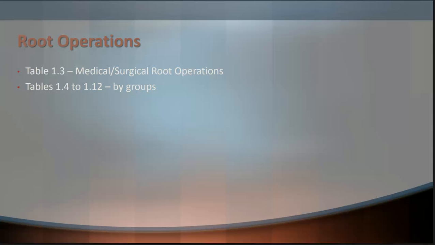In Chapter 1, you have the full definitions of all of the 31 root operations of the medical surgical section. These are also typically found in the front of your coding manual. After the first table in Chapter 1, the publisher of the textbook then broke out those 31 root operations into various groups that they provide to you in separate tables.